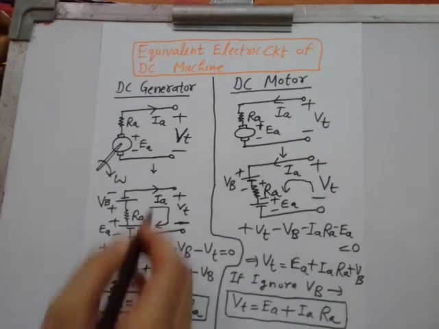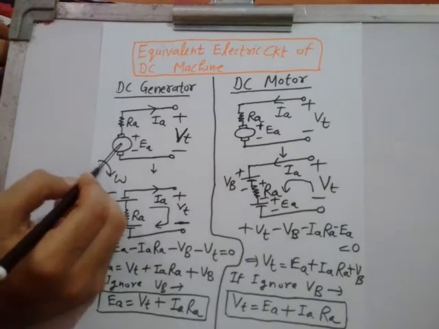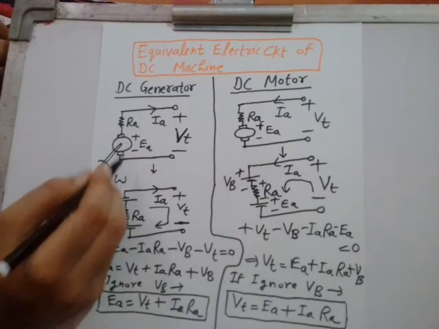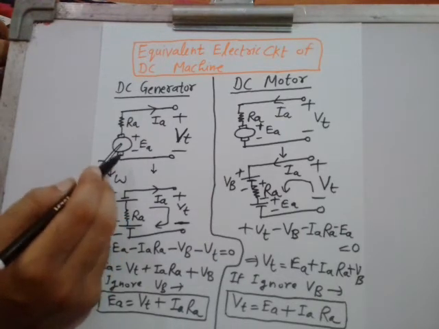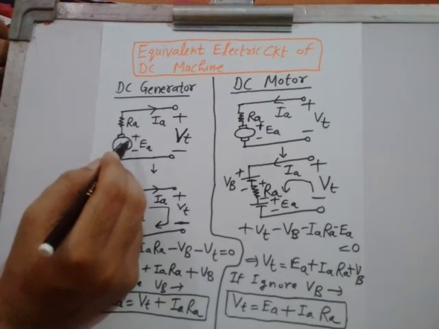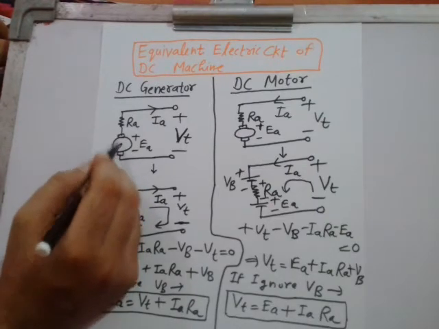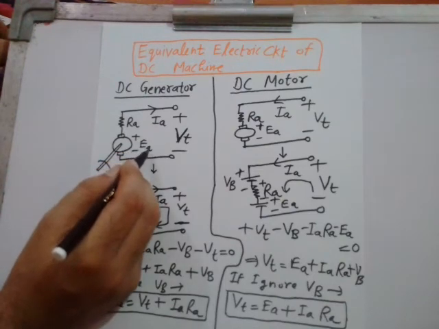See here in the generator, what is the first independent variable? The first independent variable is speed. You rotate the rotor by the prime mover in the case of a generator. So omega is the first independent variable, and due to this rotation, the rotating armature conductor cuts the stationary magnetic field of the stator, thereby an induced EMF is developed in the armature.